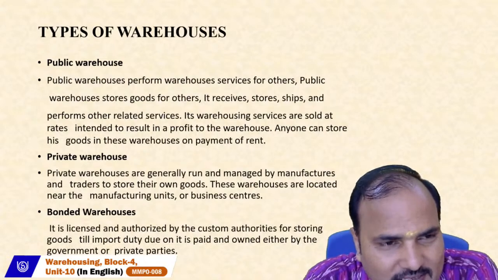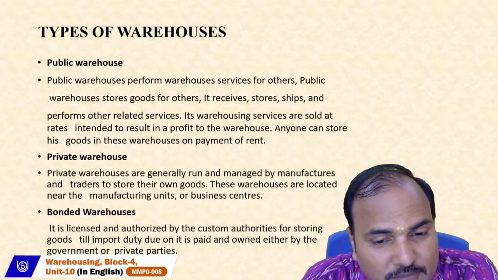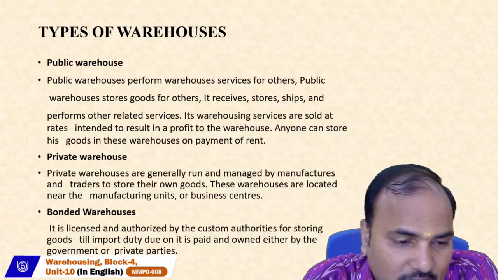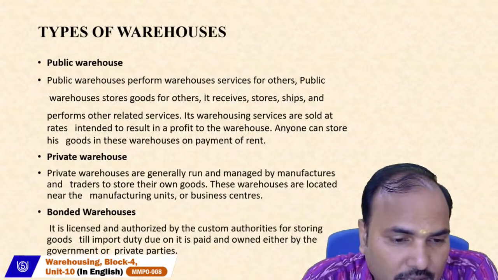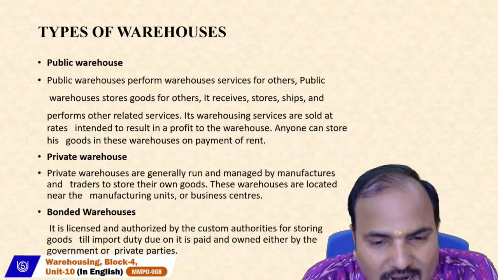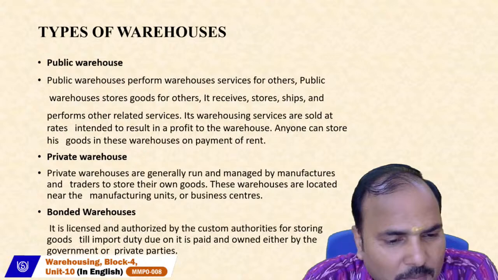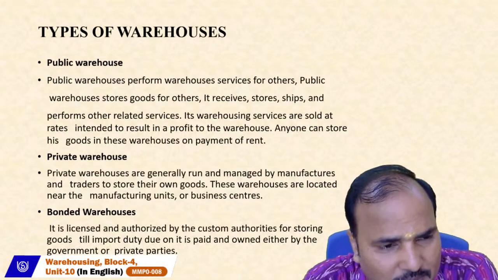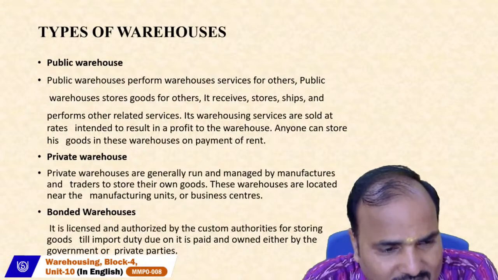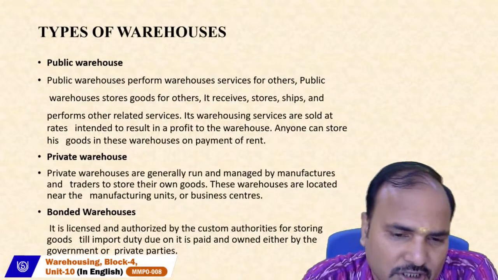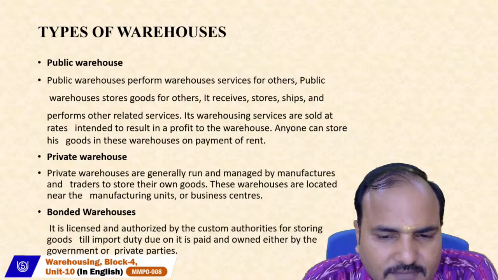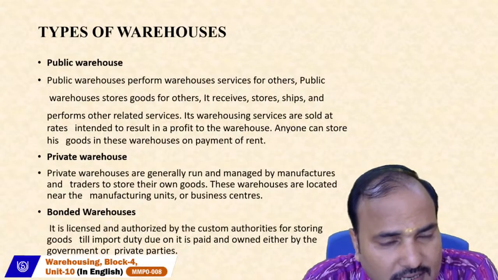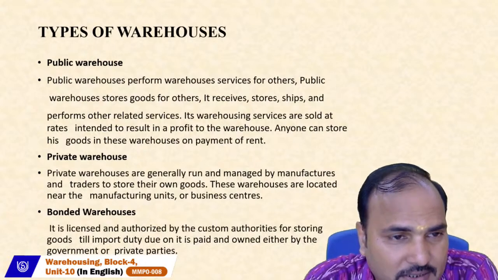It is licensed and authorized by the customs authorities for storing the goods till the import duty due on it is paid, and owned either by the government or the private parties. It may be government or private parties. It is licensed and authorized by the customs authorities for storing the goods till the import duty is paid.